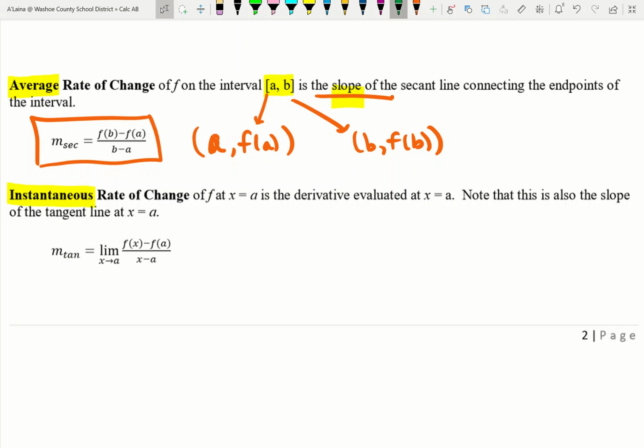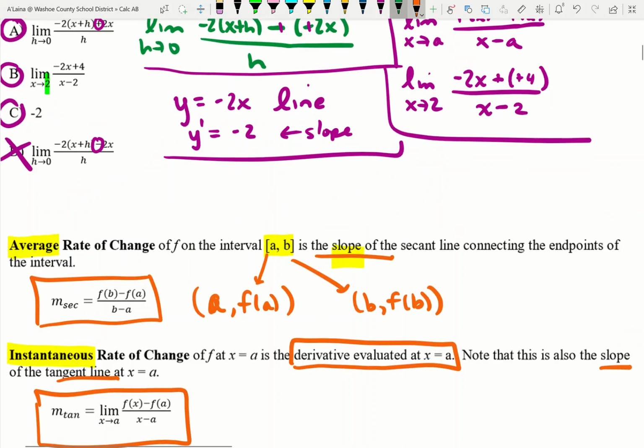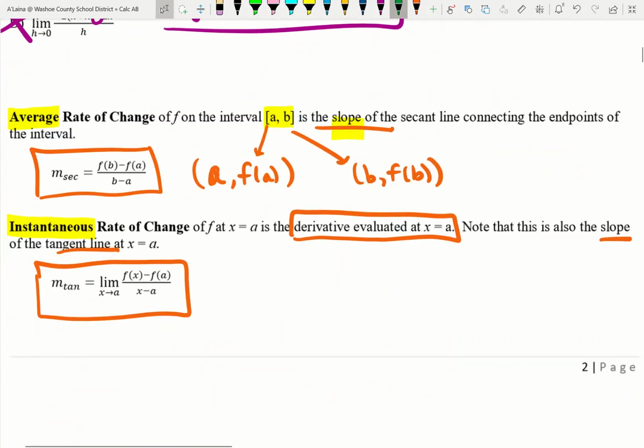However, if you are hearing someone reference an instantaneous rate of change, an instantaneous rate of change is the derivative evaluated at one point a, which is the slope of the tangent line, which is our limit. This is one of the two limit definition forms from the previous page. And we kind of looked at that a little bit up here as well. So average rate of change is over 2 points. It's just your regular slope formula, versus instantaneous rate of change, which is your derivative.